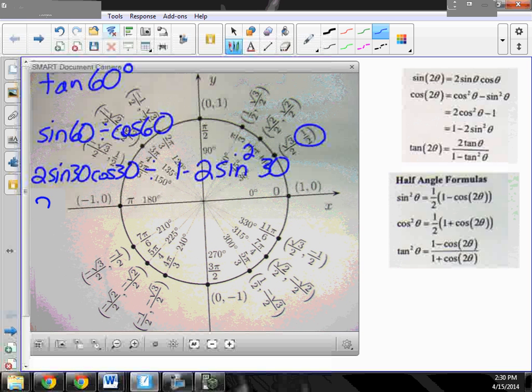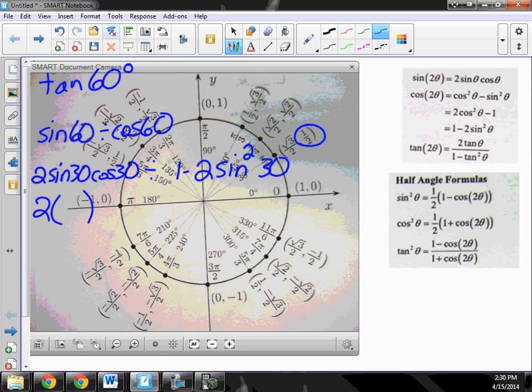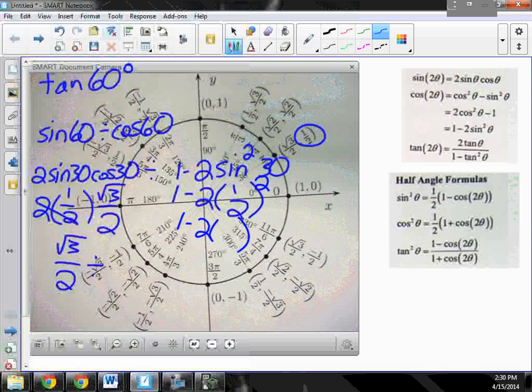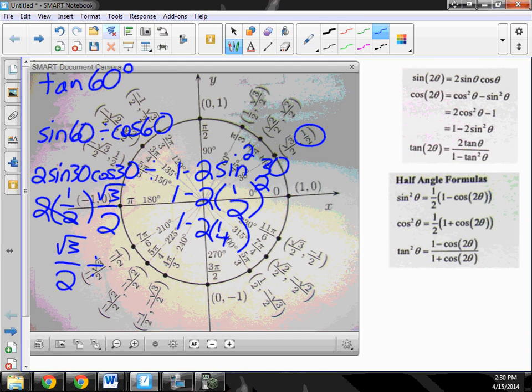So, 2 times, what is the sine of 30? 1/2. What's the cosine of 30? Root 3 over 2. Those cancel. I'm left with root 3 over 2 divided by 1 minus 2. What is the sine of 30? 1/2. And I'm going to square that. So 1 minus 2 times 1/4. 2 times 1/4 is 1/2.